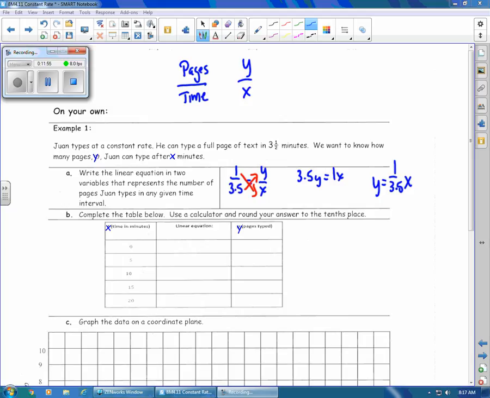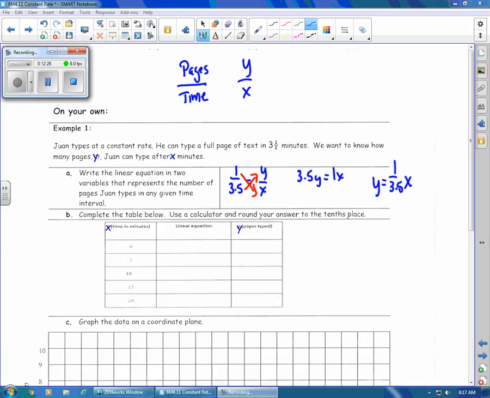If you do this calculation in your calculator, 1 divided by 3.5, you're going to get a really long decimal, 0.2857142286, etc. I'm going to encourage you to not do that because it's a long decimal. I would rather that you just use the fraction here so that you're getting more precise numbers.